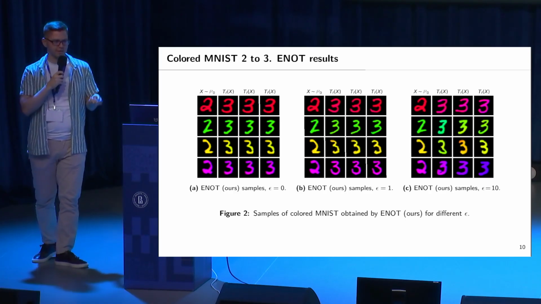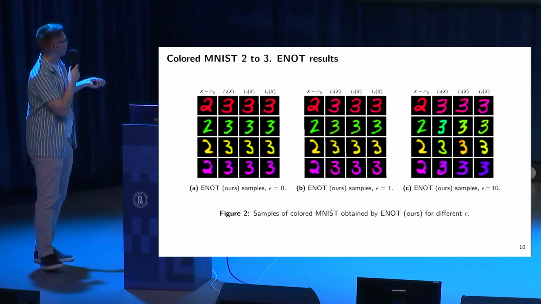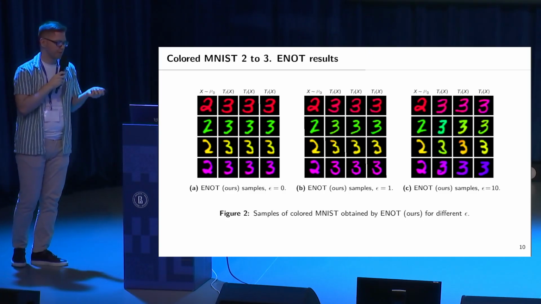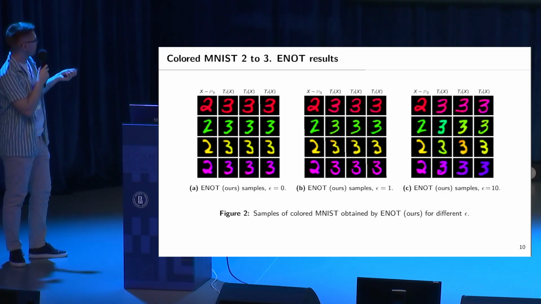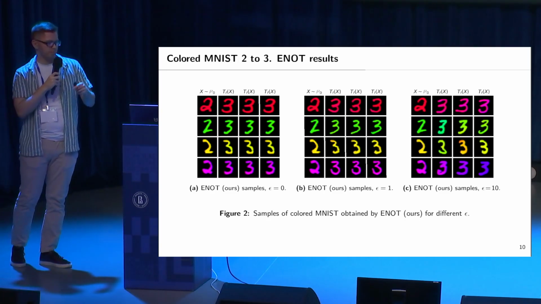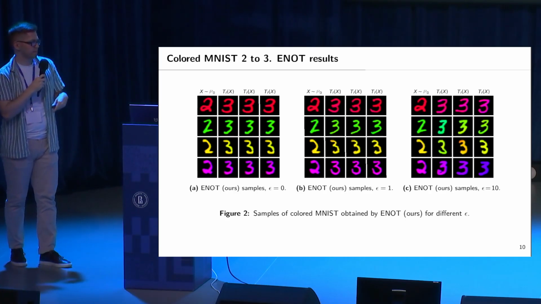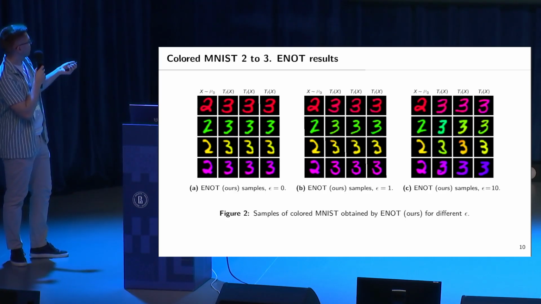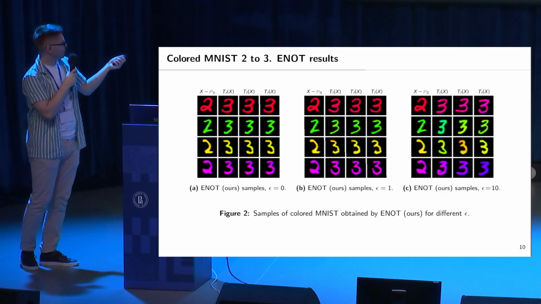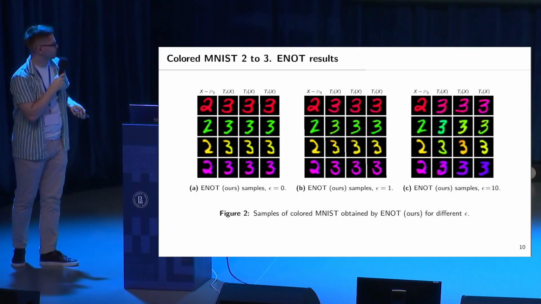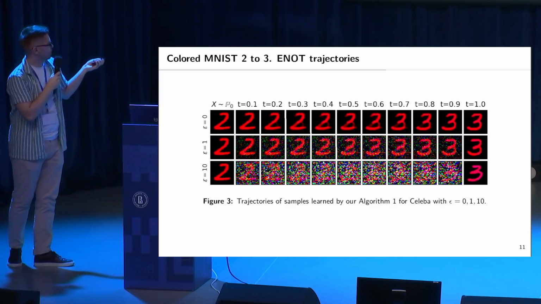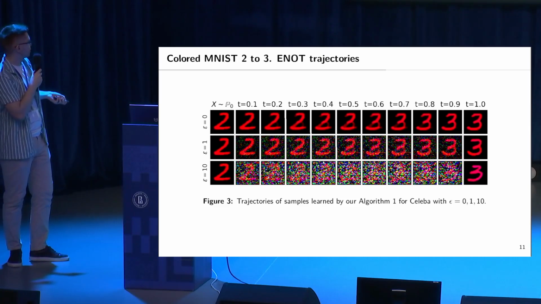We started to generate colored MNIST. We take digits 2 and 3 from this data set, color them in different colors, and in the paired setting, we just want to find a stochastic diffusion which will map digit 2 into 3. And as you can see, for bigger epsilon, we have more diverse samples. Also, for bigger epsilon, we have noisier trajectories.